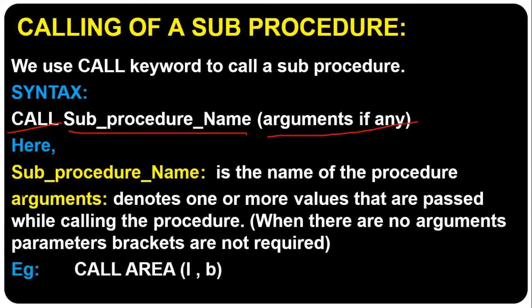Here is an example. We write call, and previously in the declaration part we had written area as the name of the sub procedure. So the same thing: call area LB. Here LB are the values, length and breadth, and these values will be stored in the L and B variables given in the declaration or definition part.